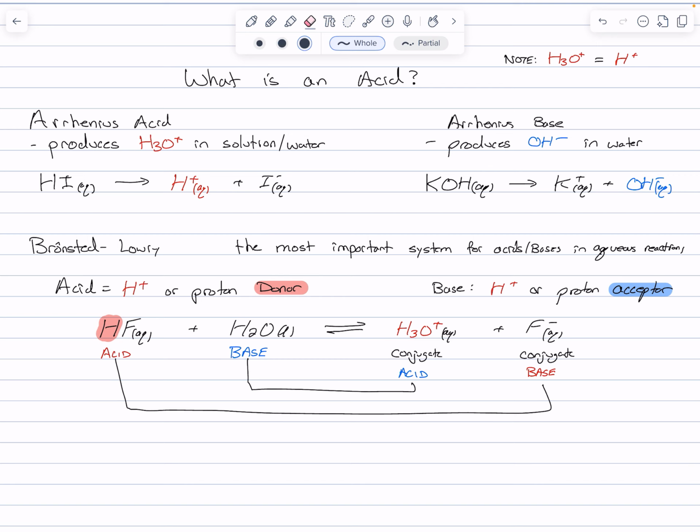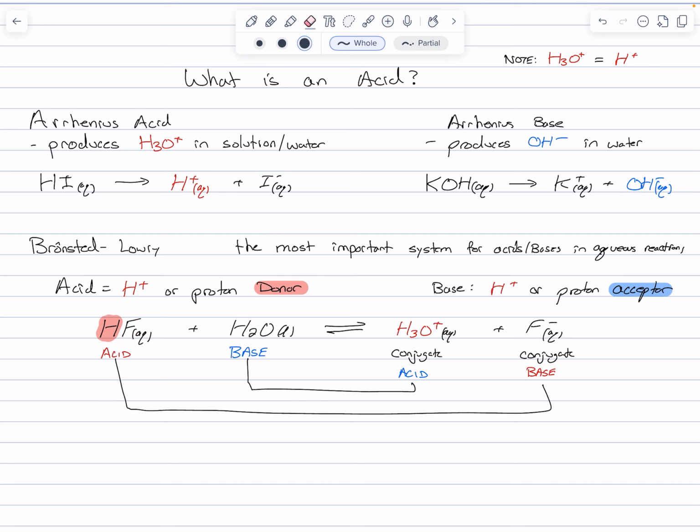All right. Now I like baseball as an example, or softball, it doesn't matter. The pitcher is the one that primarily throws the ball, right? They're the main thrower of the ball. However, the catcher has to throw the ball back every time, right? And so when the pitcher has the ball, the pitcher is the acid and the catcher is the base, right? But once the pitcher throws the pitch, and let's say the batter doesn't hit it, and the catcher catches the ball, now the catcher is the acid, all right?